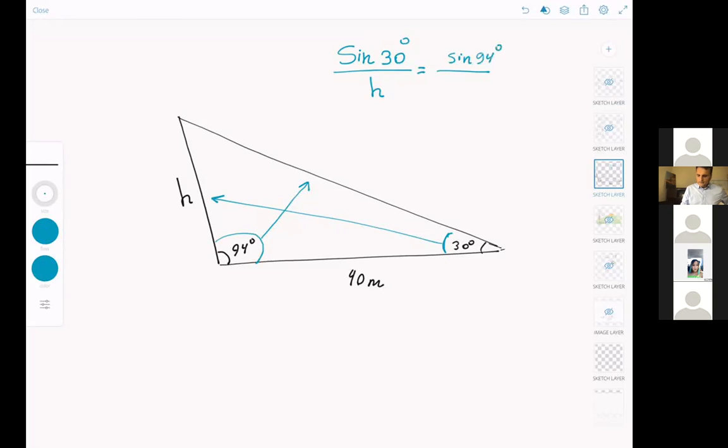I'm going to call this one C. If I use these two, I'm not able to solve because we have two unknowns, H and C. So this is out.